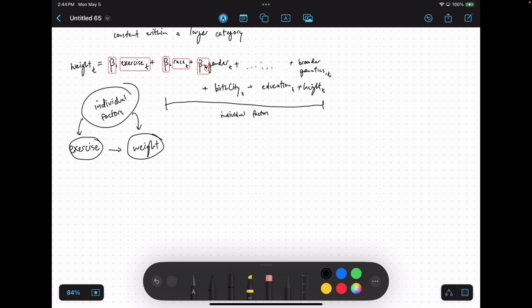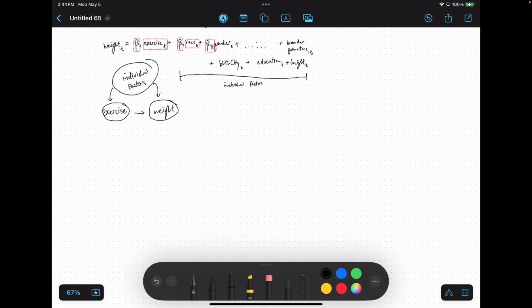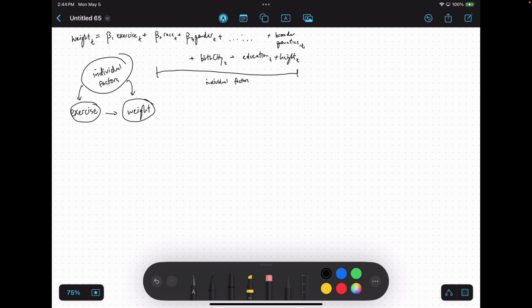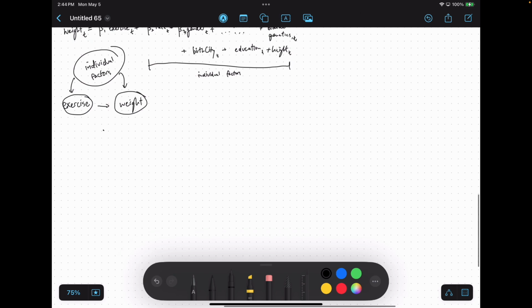Okay, if I were to look at the actual data set that might be connected to something like this, I might see, with this particular example, weight, how much they exercise, race, gender, birth city, etc.